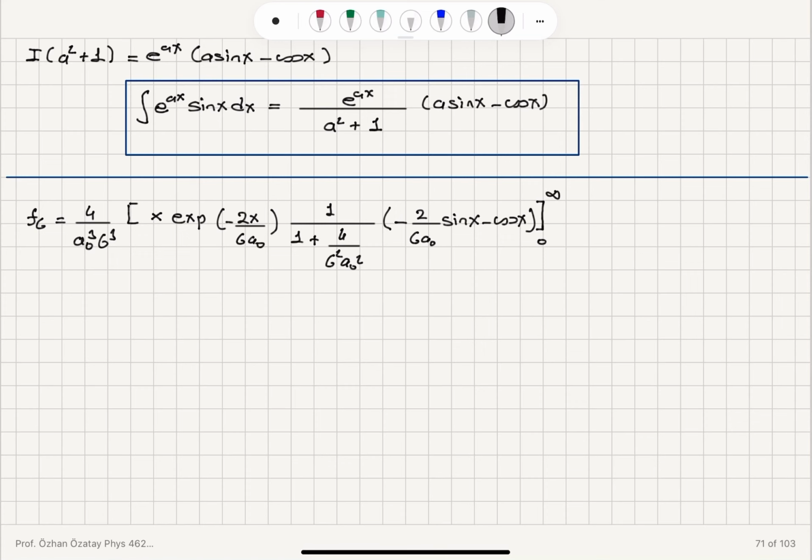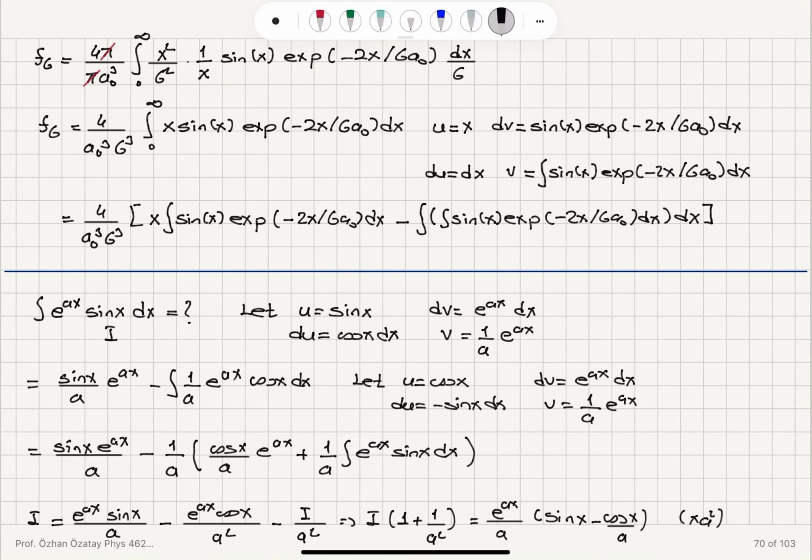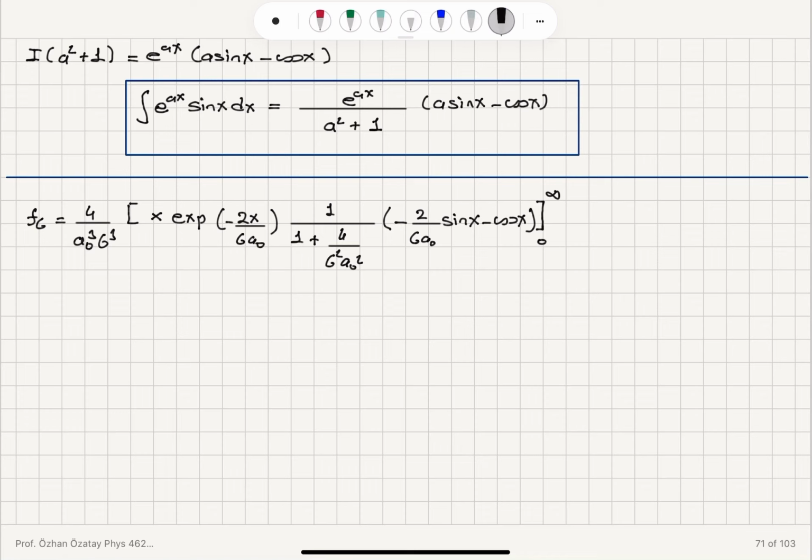So r was changing from 0 to infinity, remember? So that was this first term, and the second term is here. So let's keep the second term as it is. It's minus integral of integral sine x exponential minus 2x over g a0 dx.